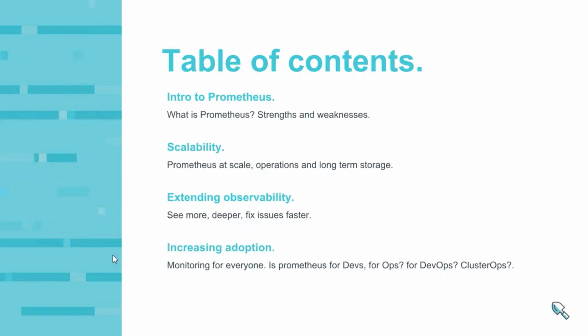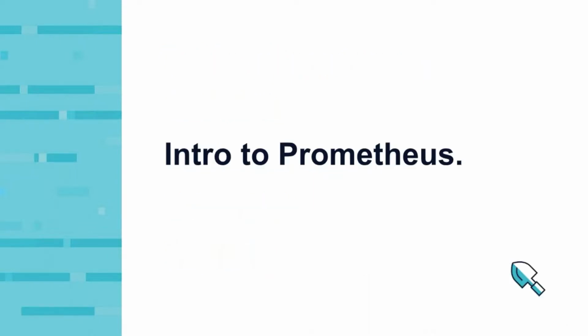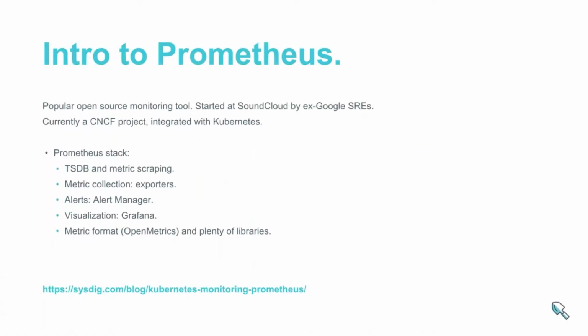Additionally, Prometheus can be extended to make it seamless for other parts of our organizations that are not that technical or are not early adopters. So how can we make Prometheus for everyone? We are going to go through all these different topics, see the challenges, and understand some of the solutions that Sysdig provides.